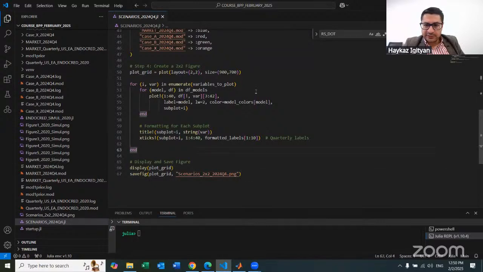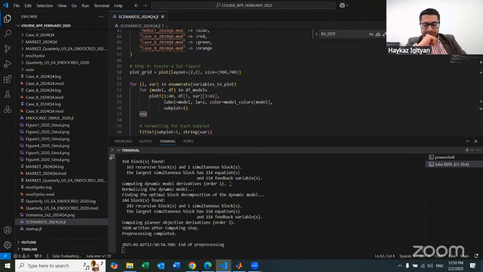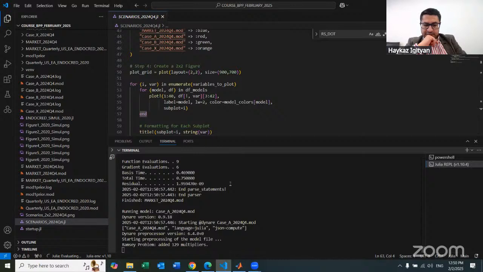In this case, we have this PNG, and then we are just running. For the first time, it takes time, but when you are running it the second and third time, it's very fast. It's running 4 models simultaneously. It finishes the market.